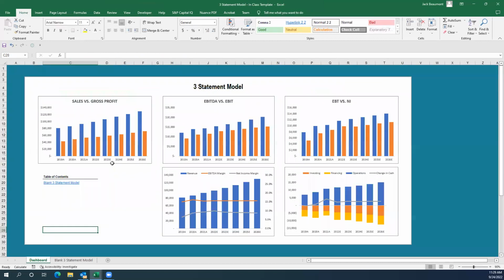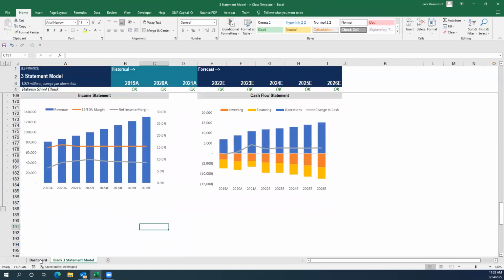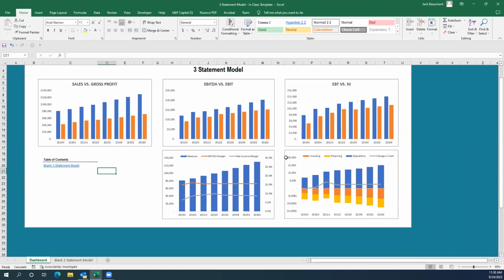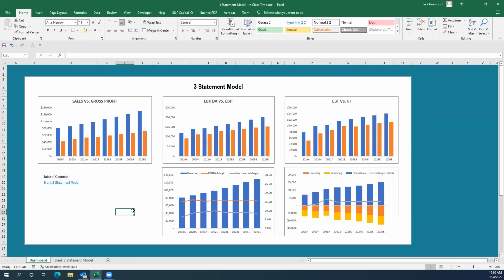And I made a dashboard here, which is some of this here, and you can see what's happening. So here we can see that both revenue and gross profit are increasing through the years quite consistently. Same as EBITDA and EBIT, and pretty much the same for everything in here that's to do with earnings.